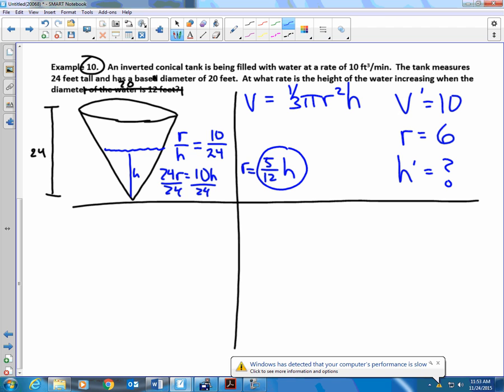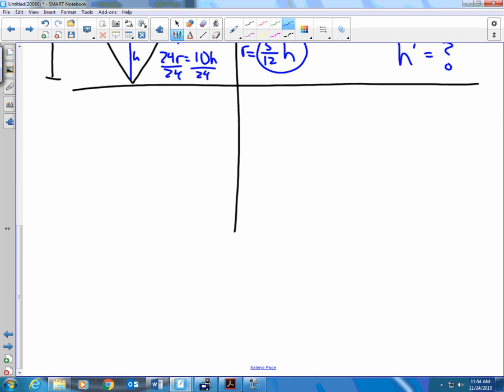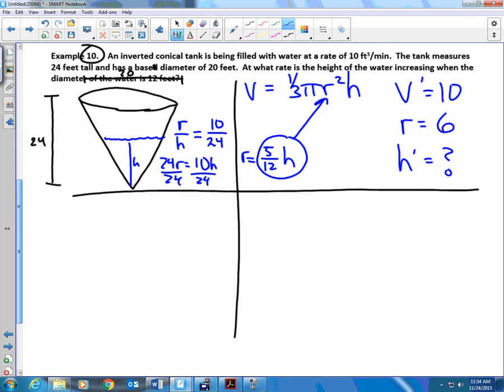That's the relationship between the two. So now I can get rid of that r in the original formula by plugging in 5/12 h, and that way I won't have to use the product rule, and I won't come up with an r prime, which again is the problem for us.